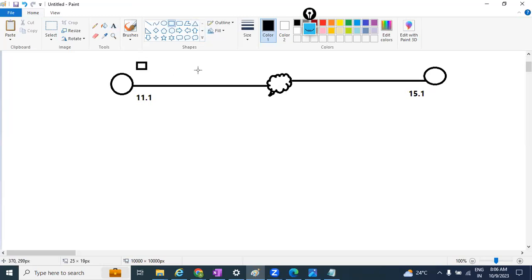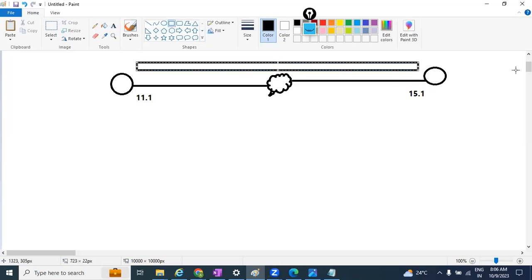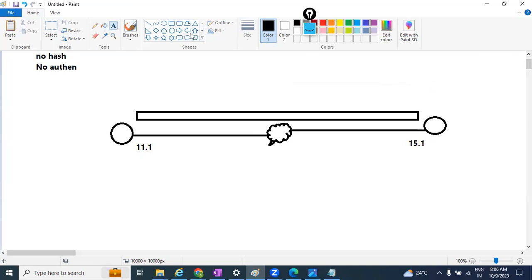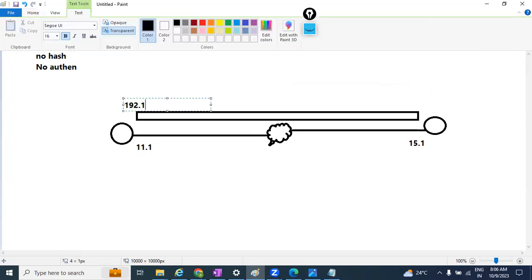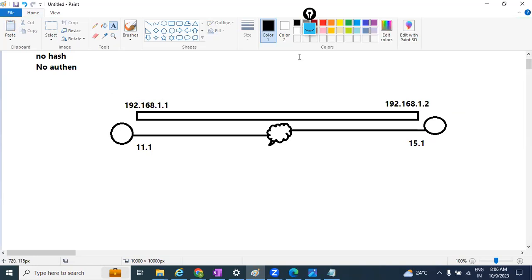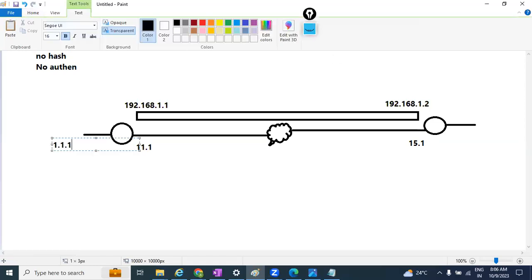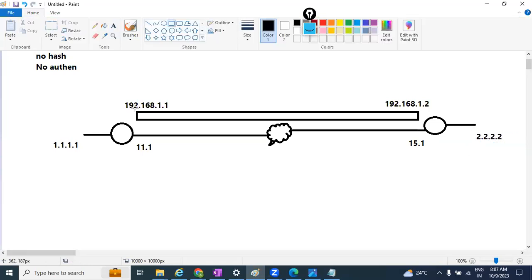Now, this is one tunnel, and the tunnel IP is 192.160.1.1 here, and this is 1.2. This is LAN A, and this is LAN B. This is 1.1.1.1, and this is 2.2.2.2.